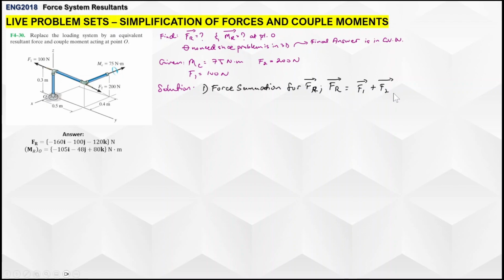So all we have to do is identify the Cartesian vector notation of the magnitudes, 100 newtons for F1, and 200 newtons for F2. Luckily, we're given dimensions here. So for F1, it's going to be just 100j, since it's acting on the y-axis. I forgot the negative here.